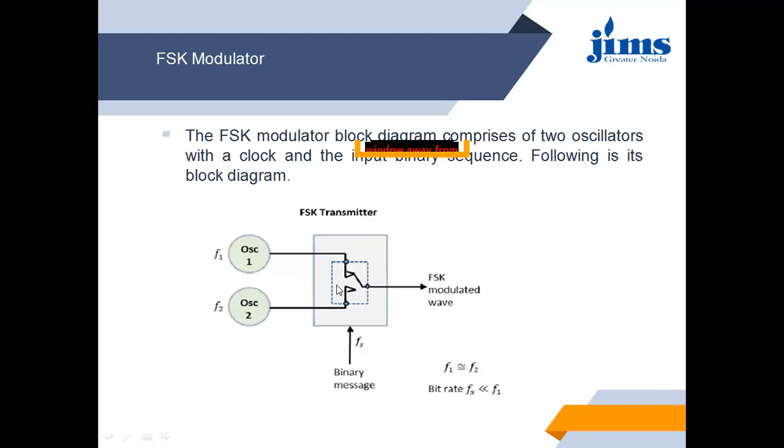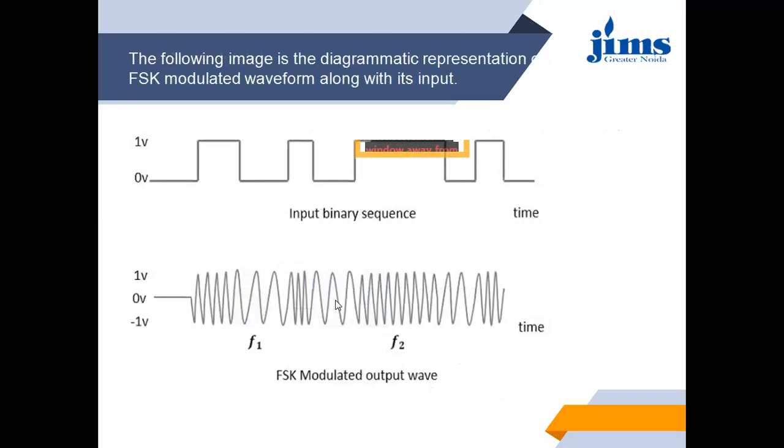Now there is a switch, and the binary message signal is arriving here. Whenever the binary message signal is high, the switch will be closed in such a way that the high frequency signal is passed. Let's say the high frequency signal is F2.